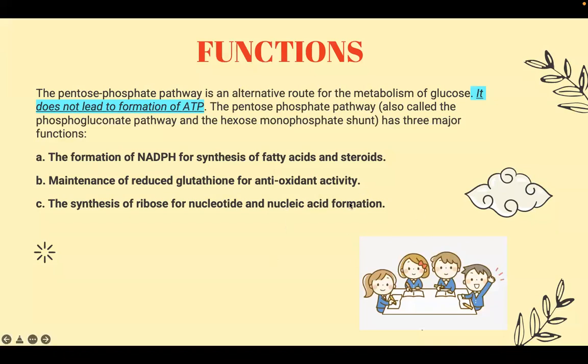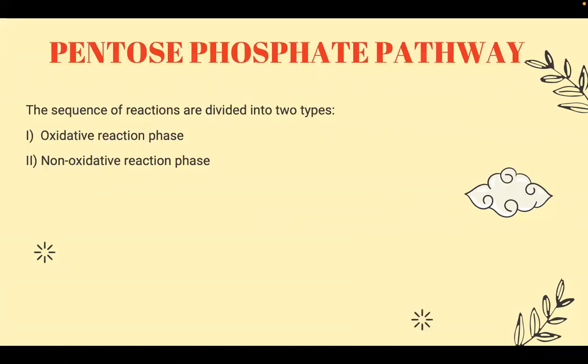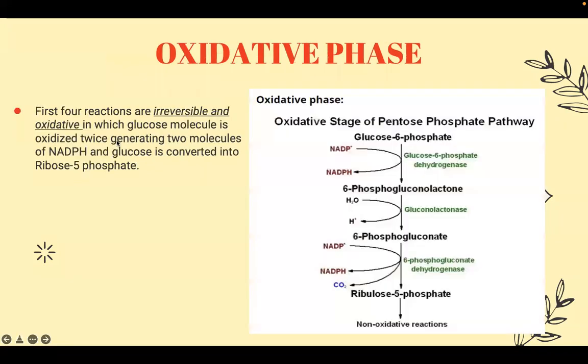Yes, important po si PPP for the synthesis of the ribose that are integral part or that are necessary for the nucleotide and nucleic acid formation. So your PPP, meron po siyang two sequence of reactions that are divided into two types. We have your oxidative reaction phase and non-oxidative reaction phase.